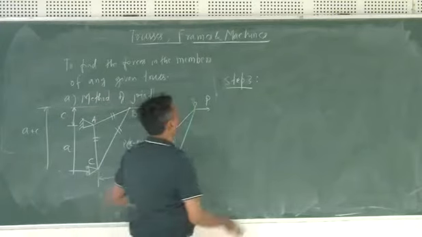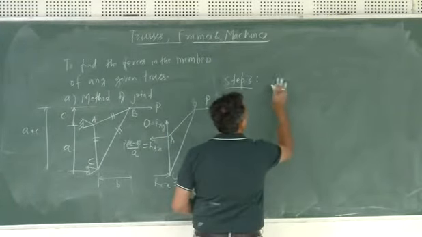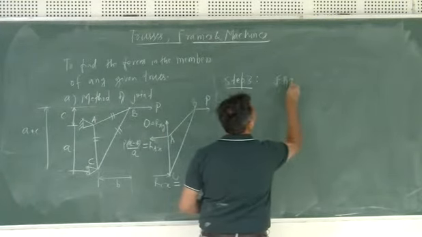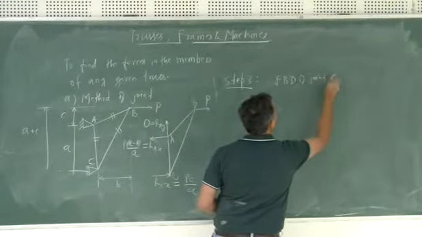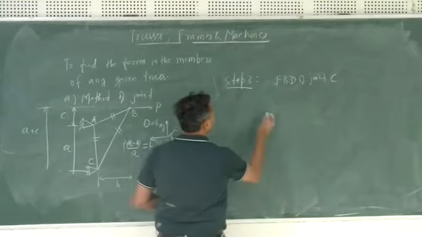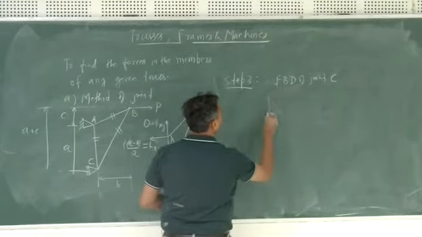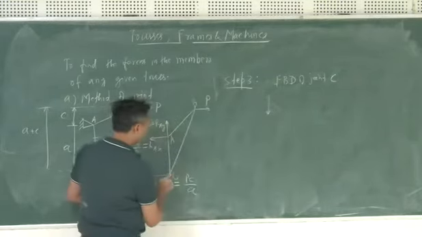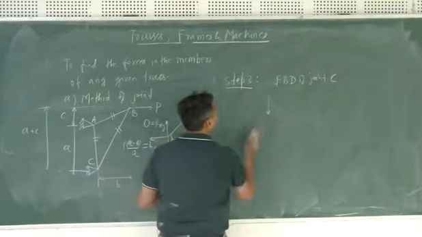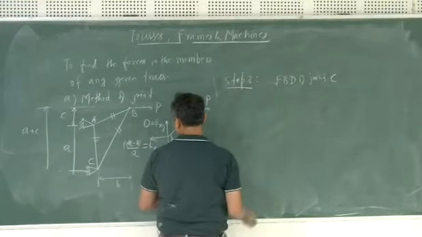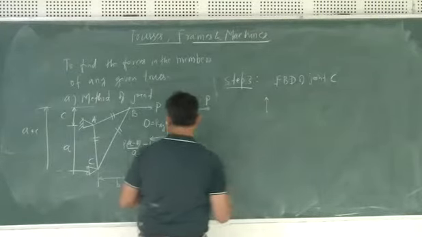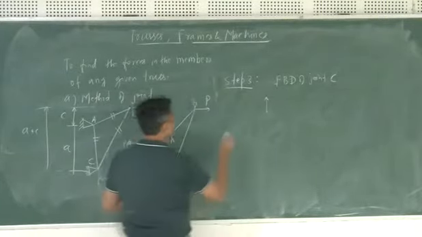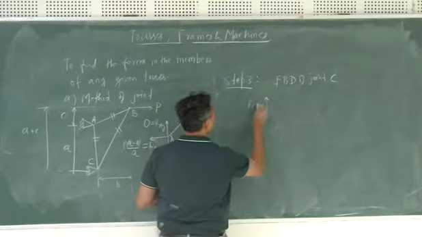So let us start with joint C. FBD of joint C. Here you are having the force of this direction, let us assume direction is FCA.